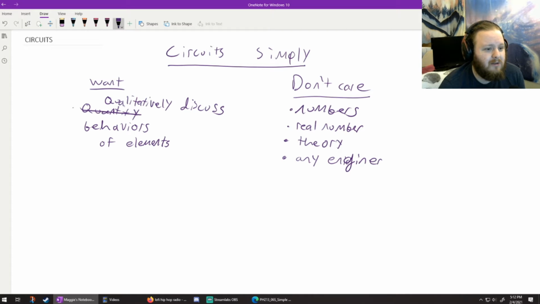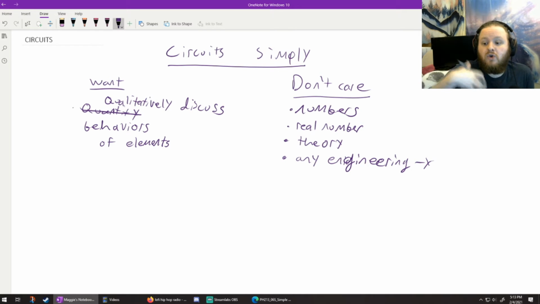These are external to my model. If I wanted to know, say, that I stick this big of a capacitor and this big of a resistor in a circuit together with this much of a battery, here's what the current looks like as a function of time, I don't care about that in this model. That is very outside of what I care about for the circuit analysis.